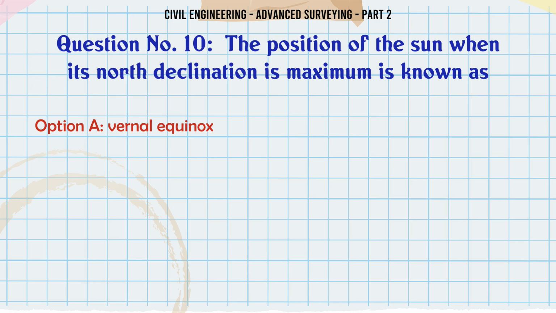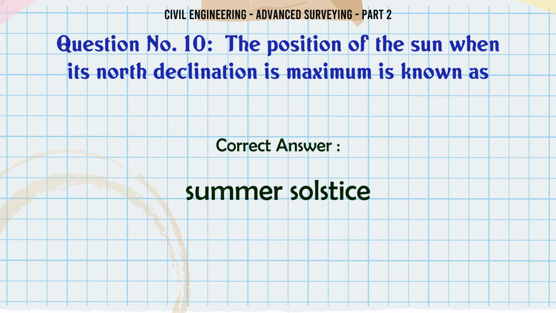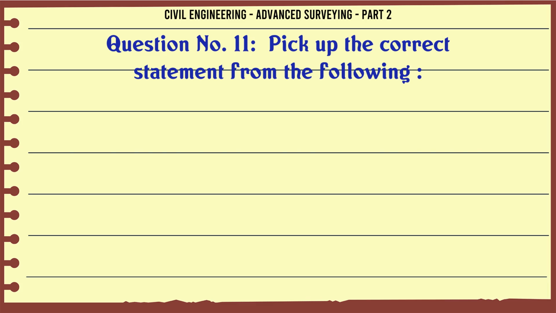The position of the Sun when its north declination is maximum is known as: A. Vernal equinox, B. Autumnal equinox, C. Summer solstice, D. Winter solstice. The correct answer is summer solstice. Pick up the correct statement from the following.